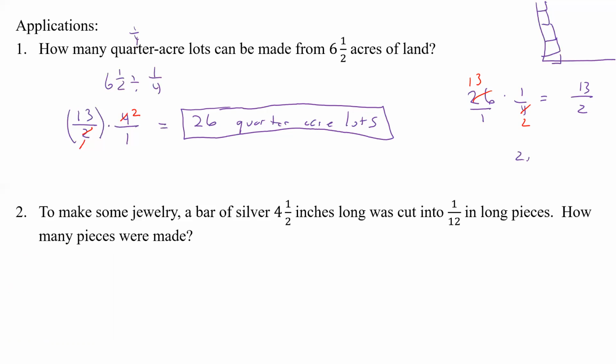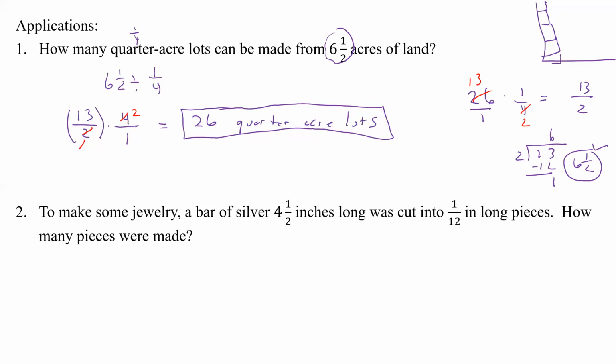We have to take 2 into 13 to get the improper fraction, because we have to see if that's equal to 6.5. Well, 2 goes in here 6 times. That's 12. And 6 and 1/2. So yep, that is true. That does check out. And so there are going to be 26 quarter acre lots in that 6.5 acres of land.